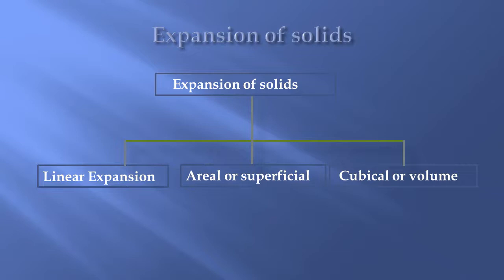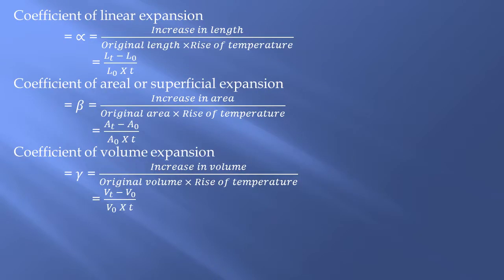Different bodies expand to different extents for the same rise of temperature. So the property of linear expansion is denoted by a term called the coefficient of linear expansion, or linear expansivity, alpha. The coefficient of linear expansion alpha is defined as the ratio of increase in length per unit rise of temperature.